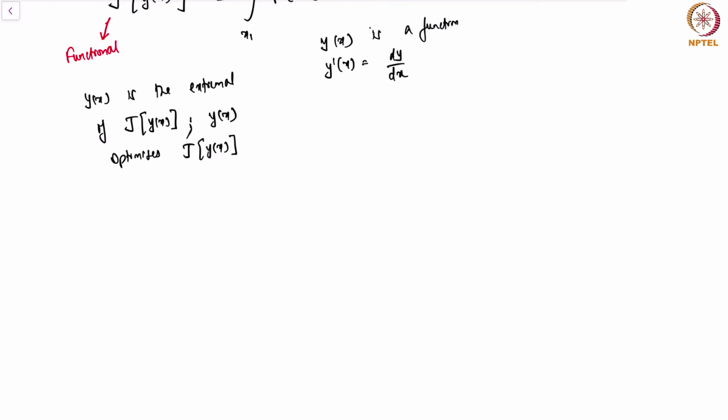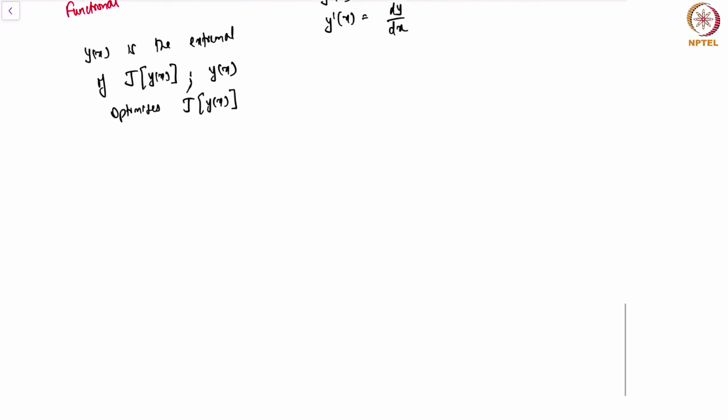Okay. The idea is as follows. Let's consider some two unknown points in space. Let's say this is x1, y1. Let's call this point A. And we have a point B, that's x2, y2. What we want to do is find out the shape of a function.